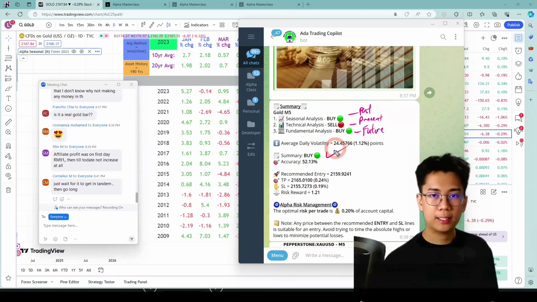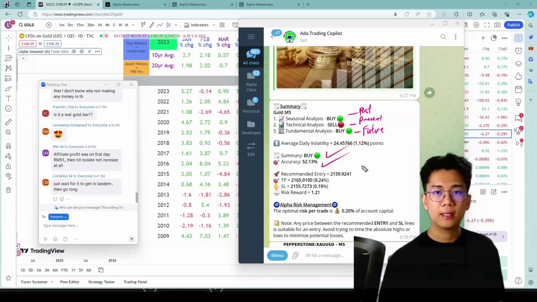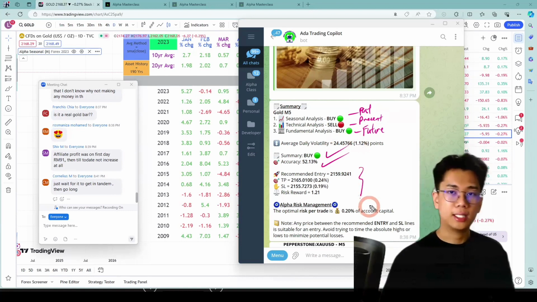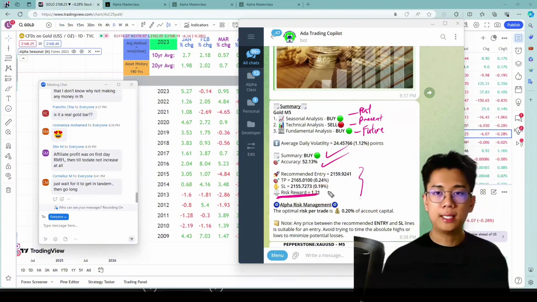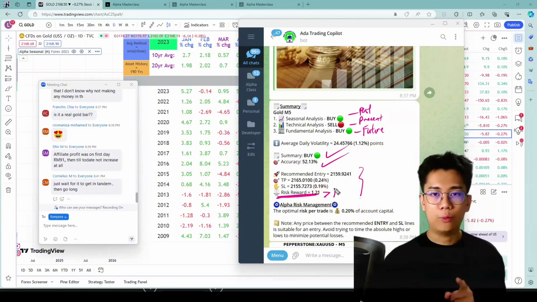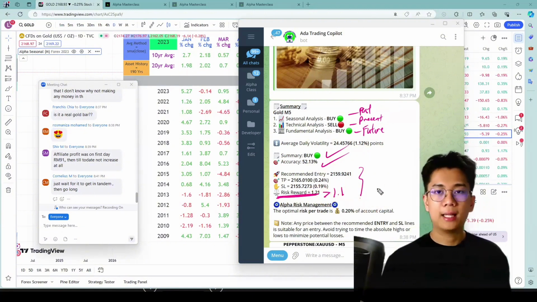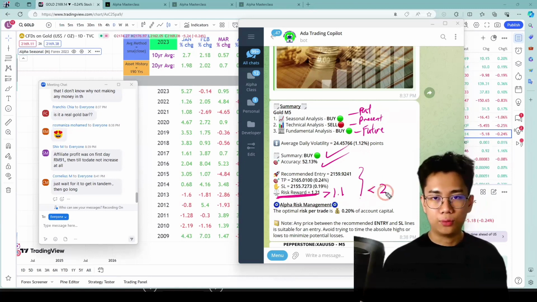So here is the buy, accuracy 52%. This is the risk reward. Now just take note, risk reward must be more than 1 to 1 but less than 2.